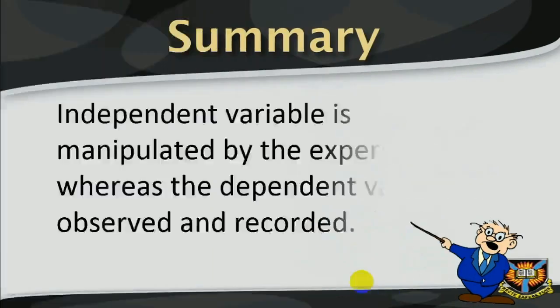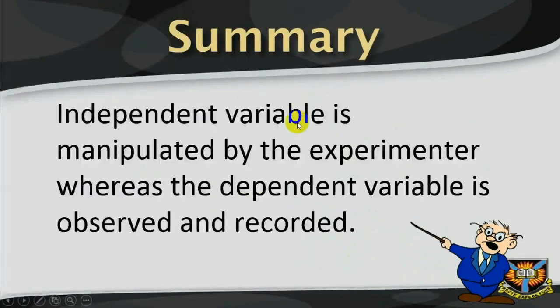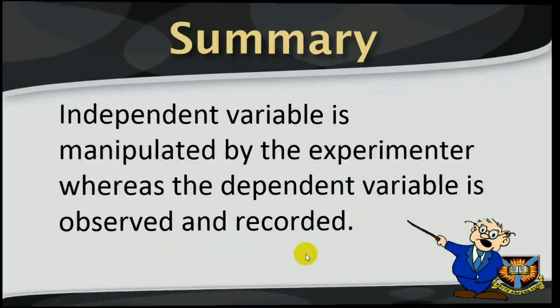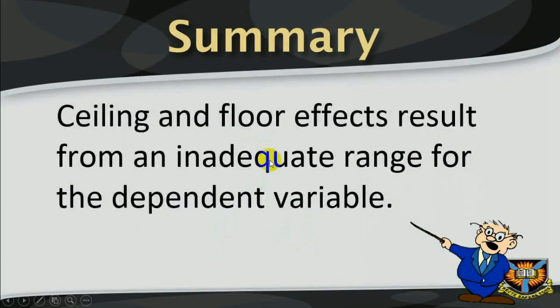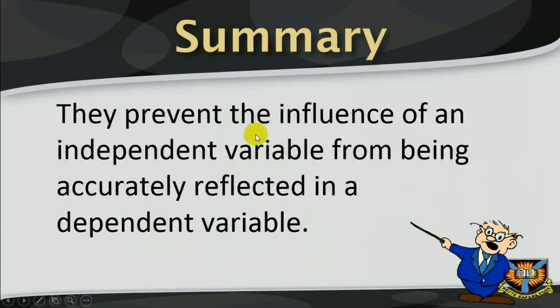Independent variable is manipulated by the experimenter, whereas the dependent variable is observed and recorded. Ceiling and floor effects result from an inadequate range for the dependent variable. They prevent the influence of an independent variable from being accurately reflected in a dependent variable.